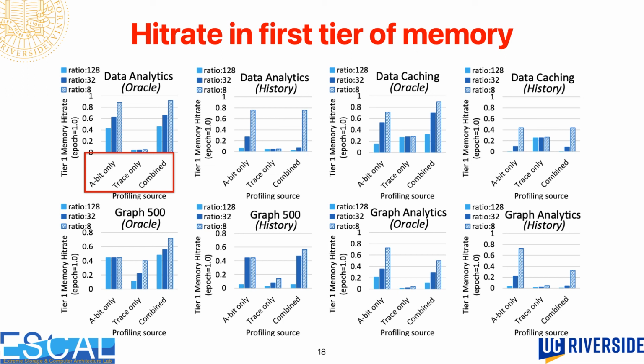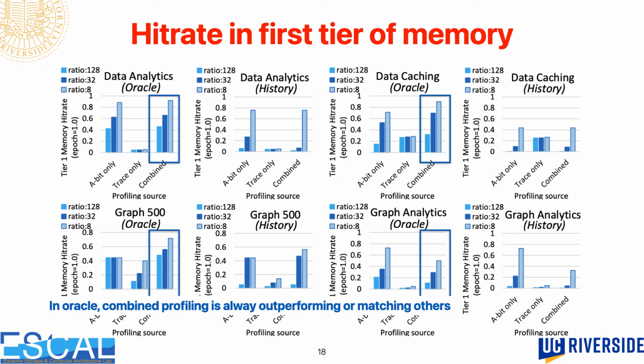The x-axis indicates the different profiling sources, and combined means it enables both A-bit and IBS. The y-axis indicates hit rates in Tier 1 memory, and epoch is equal to 1. That means every second we perform the migration policy. And ratio indicates the ratio between Tier 1 and Tier 2 memory.